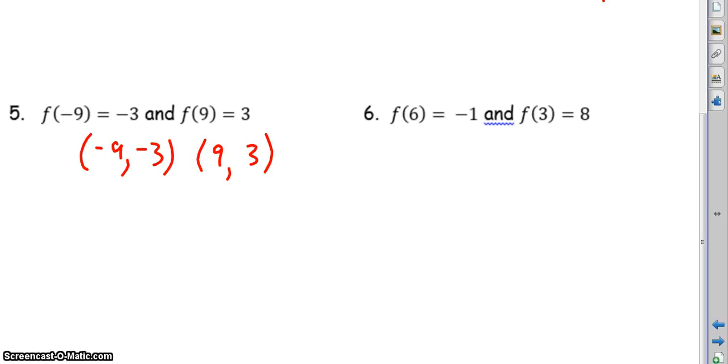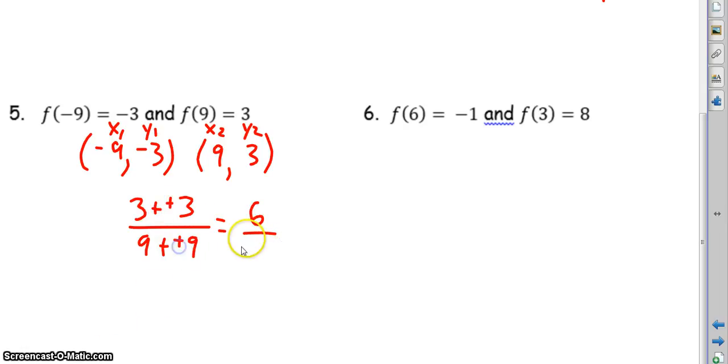Now we treat it just like any other problem. This is x1, this is y1, this is x2, this is y2. So it would be 3 minus -3, careful of your signs, and 9 minus -9. So this becomes +6 on top and +18 on the bottom.